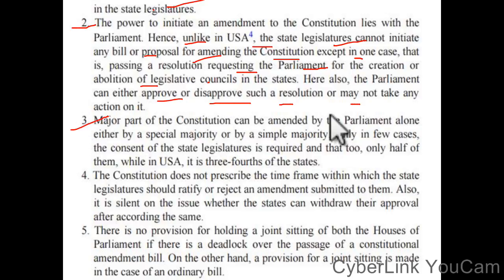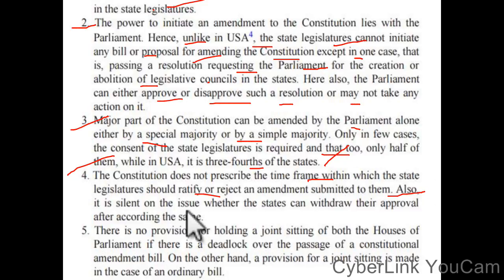A major part of the Constitution can be amended by the Parliament alone, either by special majority or by simple majority. Only in a few cases is the consent of the state legislatures required, and that too only of half of them, while in the USA it is three-fourths of the states. The Constitution does not prescribe the time frame within which the state legislature should ratify or reject an amendment submitted to them.